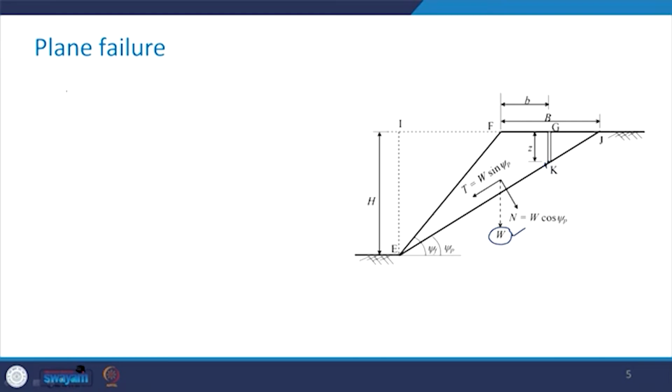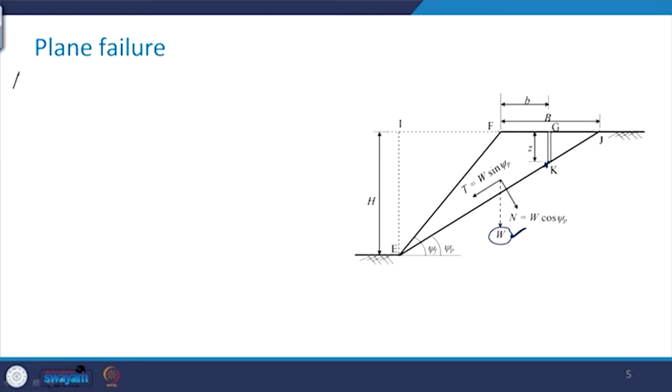So, in order to find out the volume, I need to first find out this area, EFGK, and volume is going to be area EFGK into 1. So, in order to obtain this weight W, I need to first find out the area EFGK.